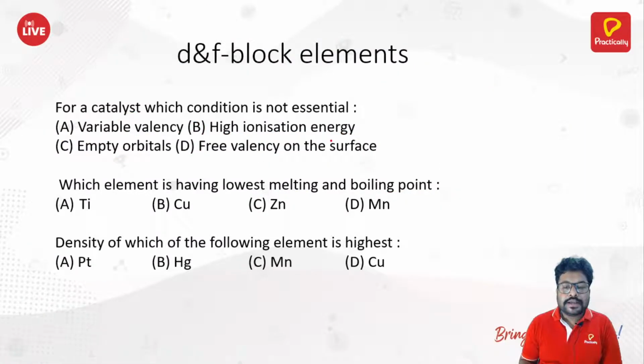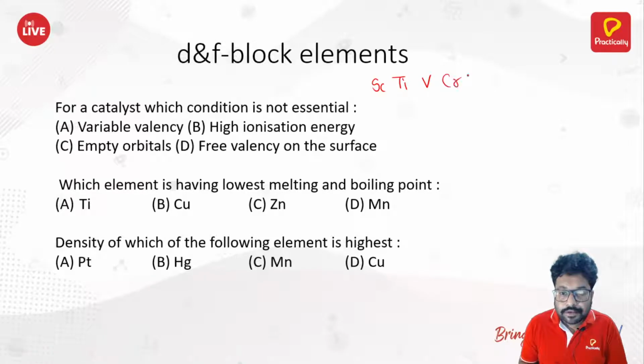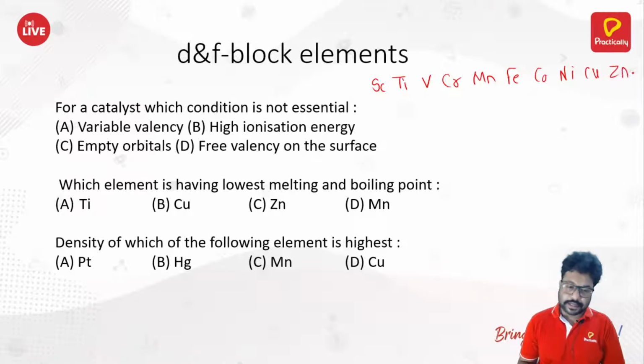Now, see, if you write all the d block elements as far as the 3d series is concerned, because the series that they asked here is the 3d series: scandium, titanium, vanadium, chromium, manganese, iron, cobalt, nickel, copper, and zinc.